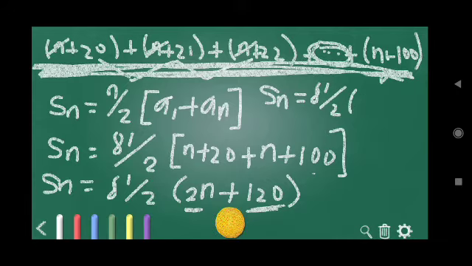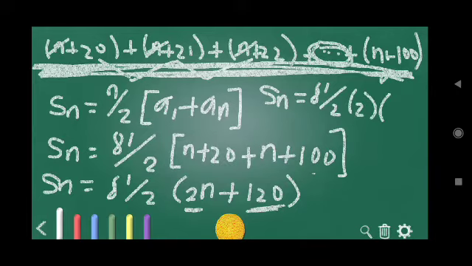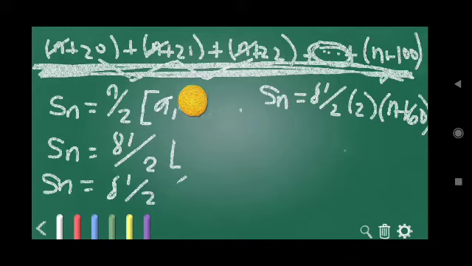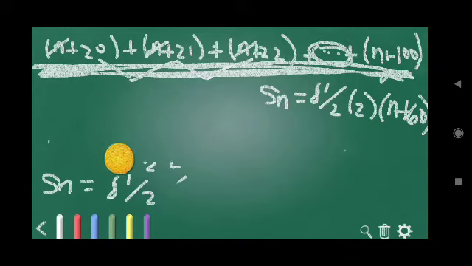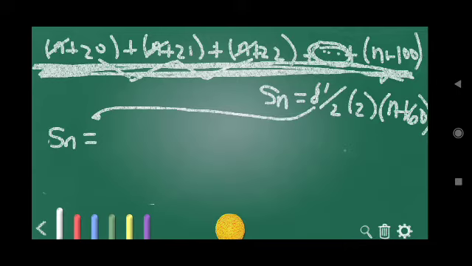That is 2 times n plus 60. If we simplify that further, S sub n becomes, you cancel that out, 81 times n plus 60.